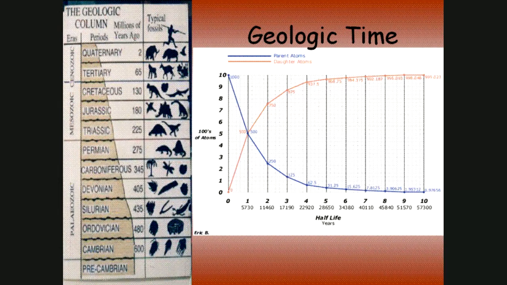And of course, the opposite is occurring with the new daughter atoms that are stable and don't break down any longer. You go from 0 to 500 there as well, instead of going 1,000 to 500 as the parent atoms did. You go from 0 to 500, and then it continues to rise and rise and rise. So the two numbers are opposite but equal, aren't they?